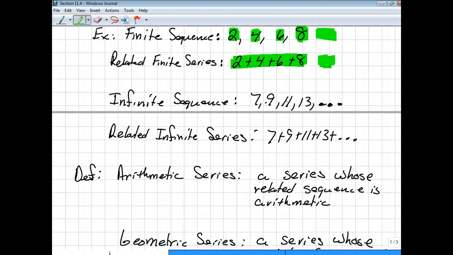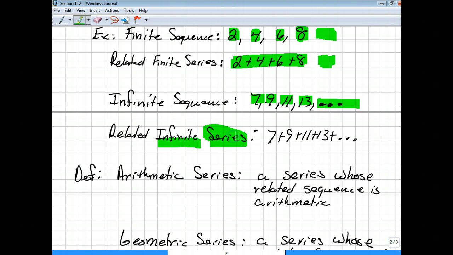If we have an infinite sequence, which in this case is the sequence 7, 9, 11, 13, etc. on to infinity, then the related infinite series is the sum of all those. So 7 plus 9 plus 11 plus 13 plus all the numbers after.